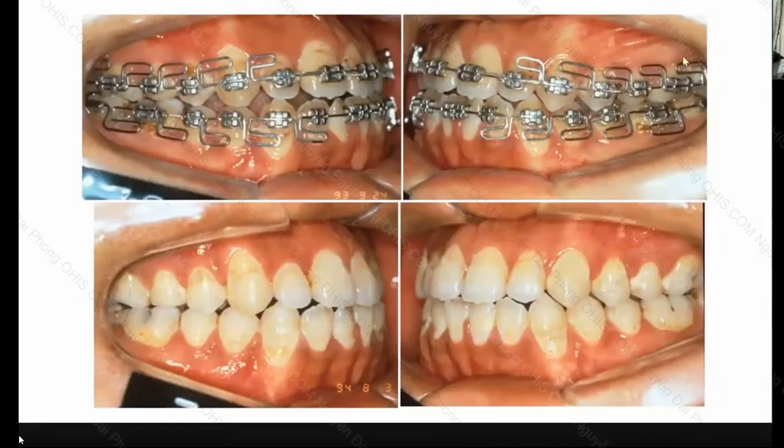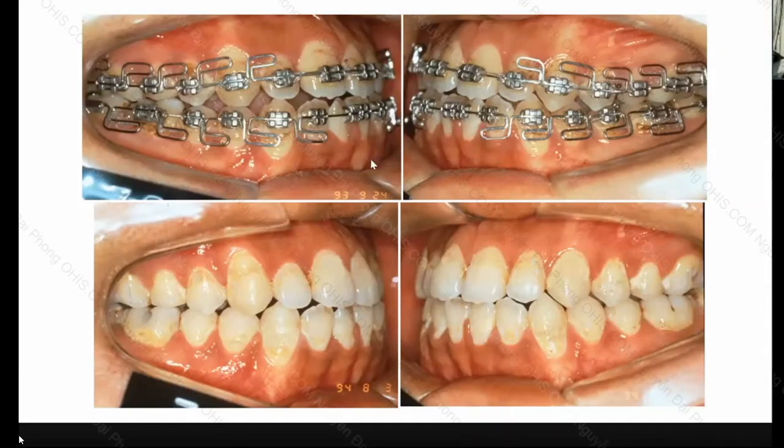But this patient was a very bad patient. He didn't come for half a year with multi-loop, and his oral hygiene was very bad. Then I gave up continuing to treat, and finished like this.